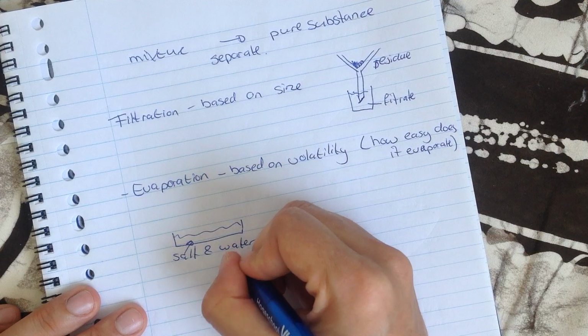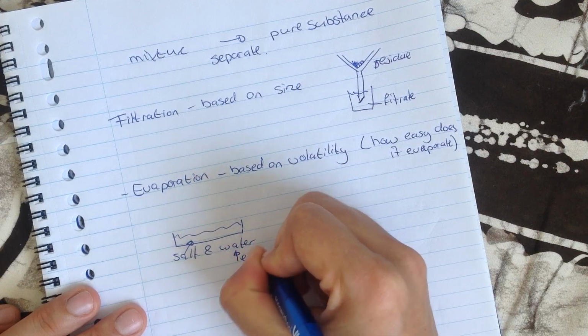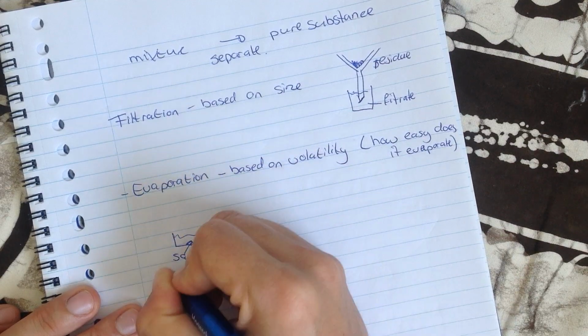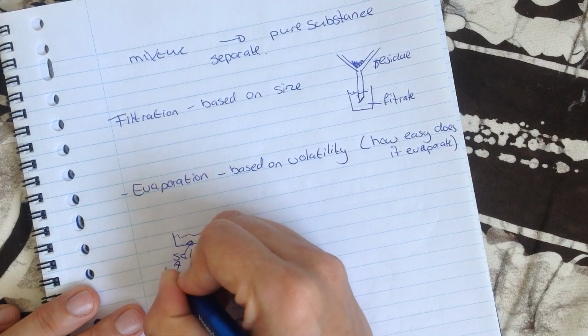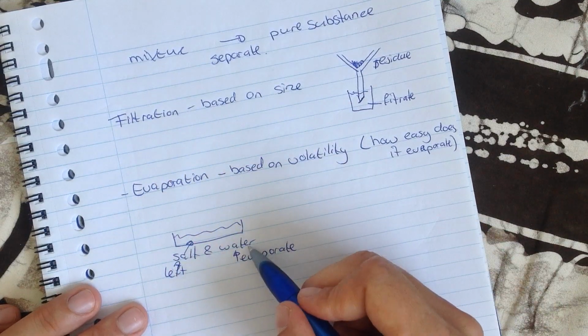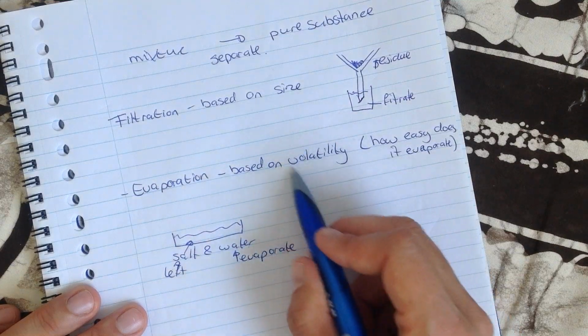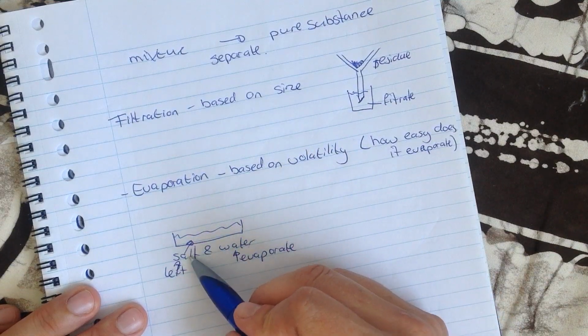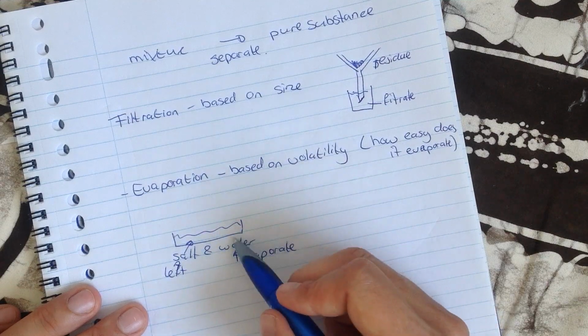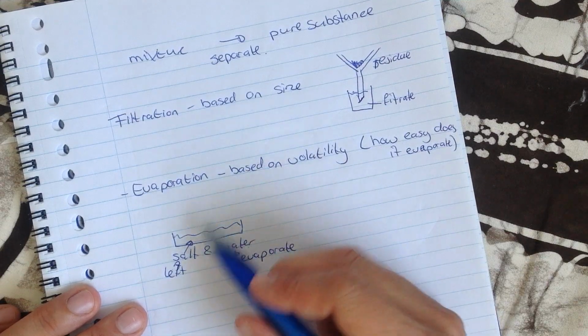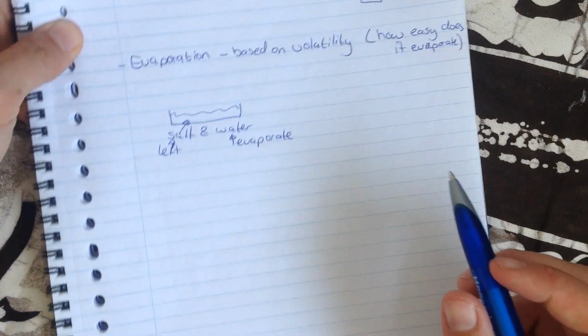And I'm going to evaporate the water, and the salt is left. So when I heat it, the water will evaporate, the salt won't. The water is more volatile. The volatility of water is higher than of salt. So that is why you can separate salt and water with evaporation.